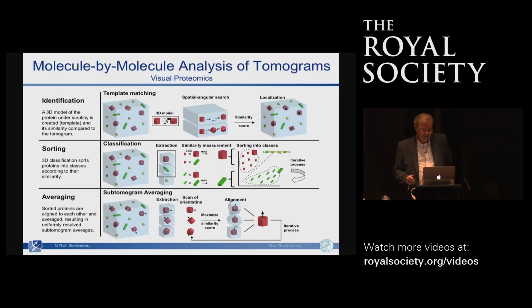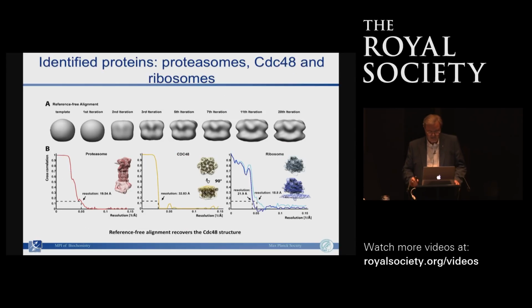But if we have different species or heterogeneity of any sort, then we can classify them into classes according to their similarity, and we can generate subtomogram averages from the different classes. You see that here applied to the clusters of the endoplasmic reticulum.